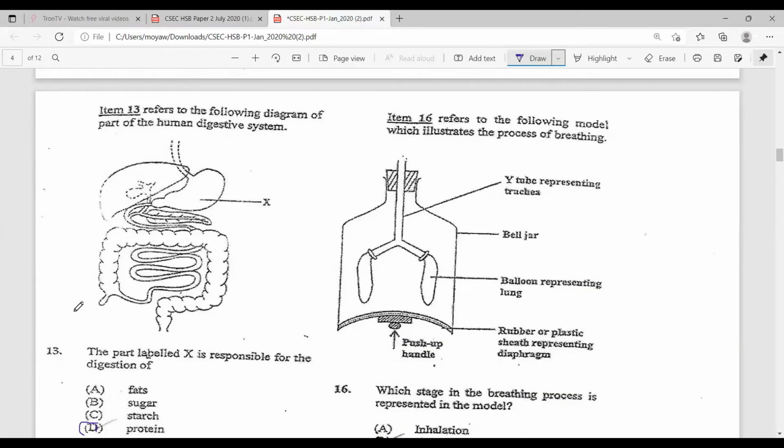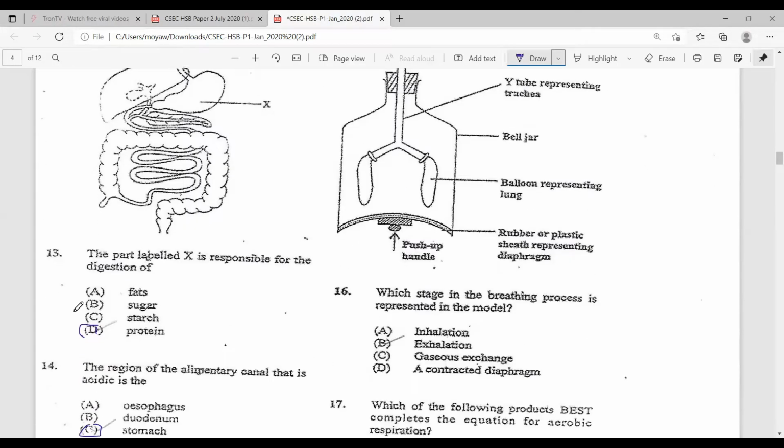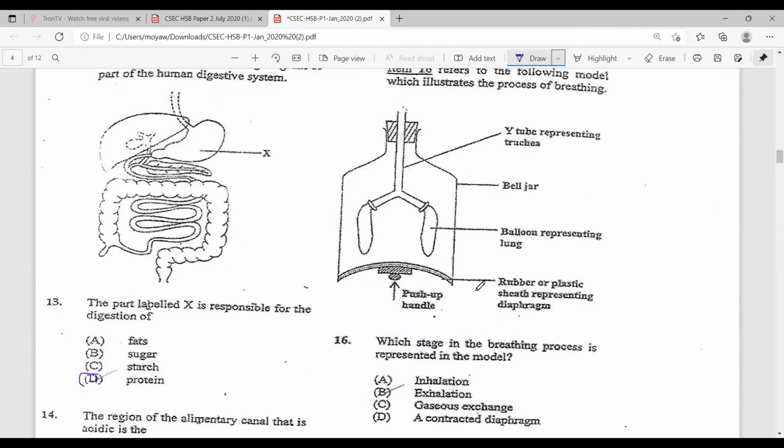Item 16 refers to the following model, which illustrates the process of breathing. So it says, which stage in the breathing process is represented in the model? Looking at it, we have the tube Y, which is representing the trachea, and the bell jar, which would represent the rib cage or the frame of the body.